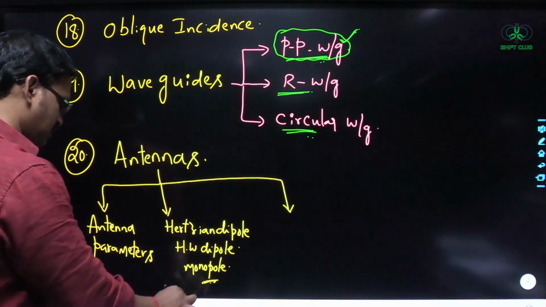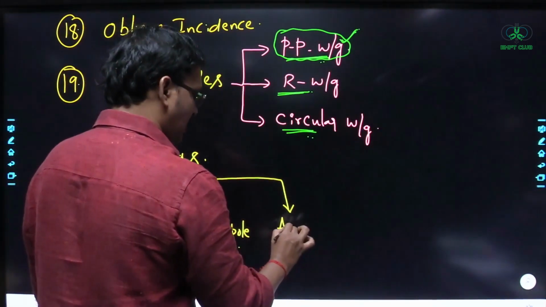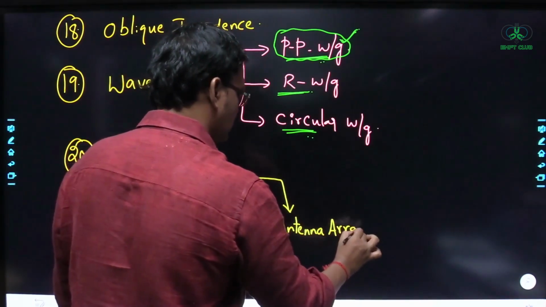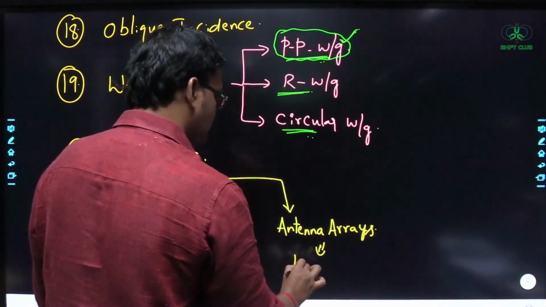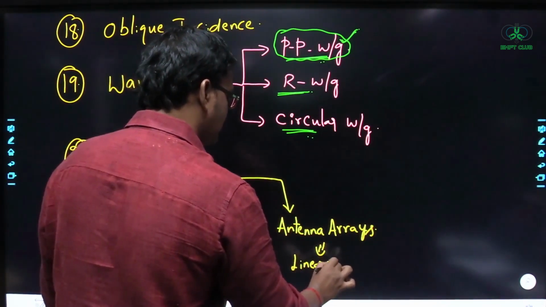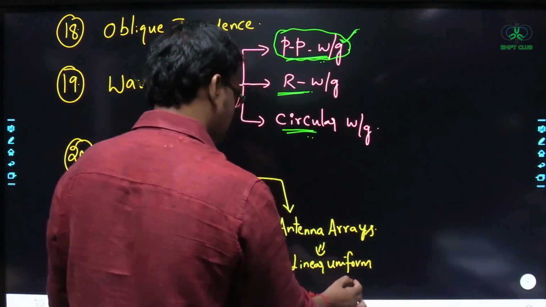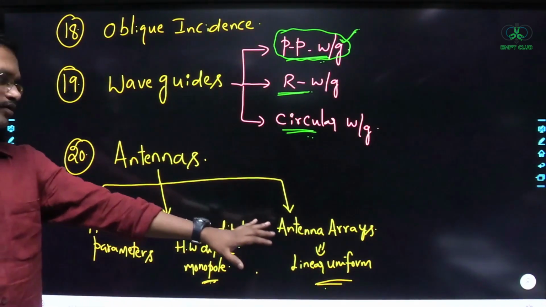Next, after this, we are going to study antenna arrays. These antenna arrays are nothing but linear uniform antenna arrays. That's what we are going to study here.